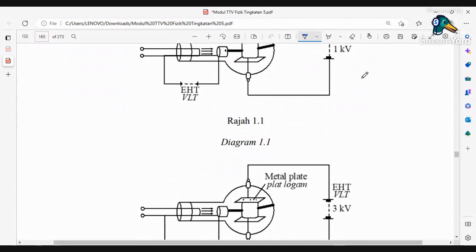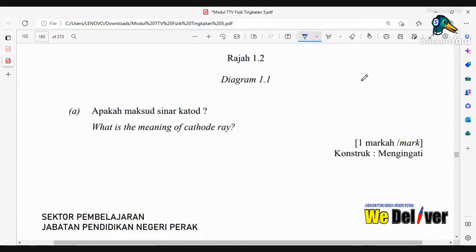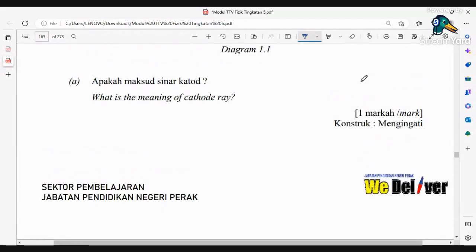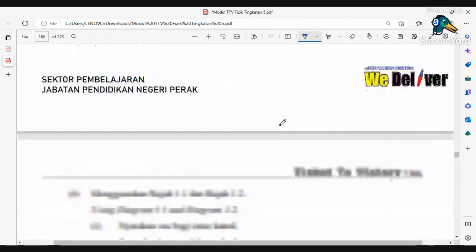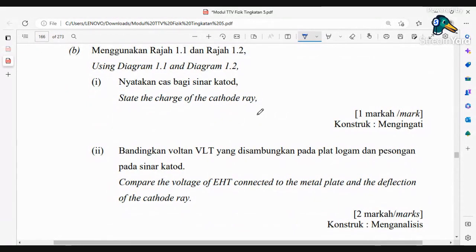The difference is the voltage. What is the meaning of cathode ray? A beam of high speed or velocity electrons. Okay, state the charge of cathode ray, negatively charged.